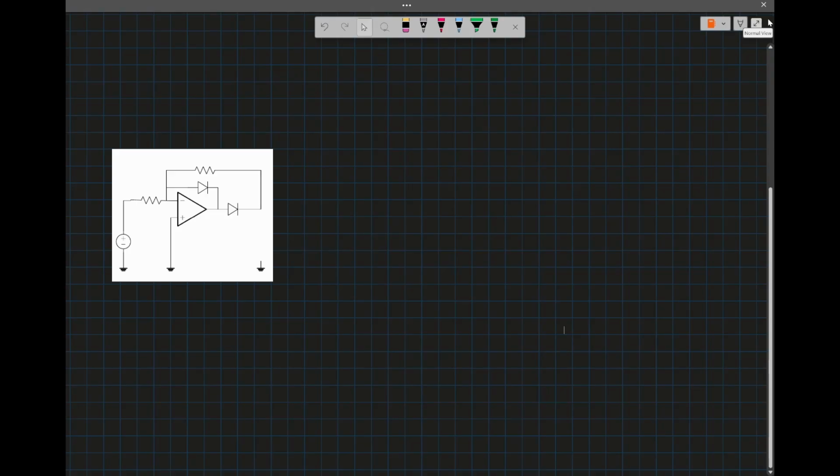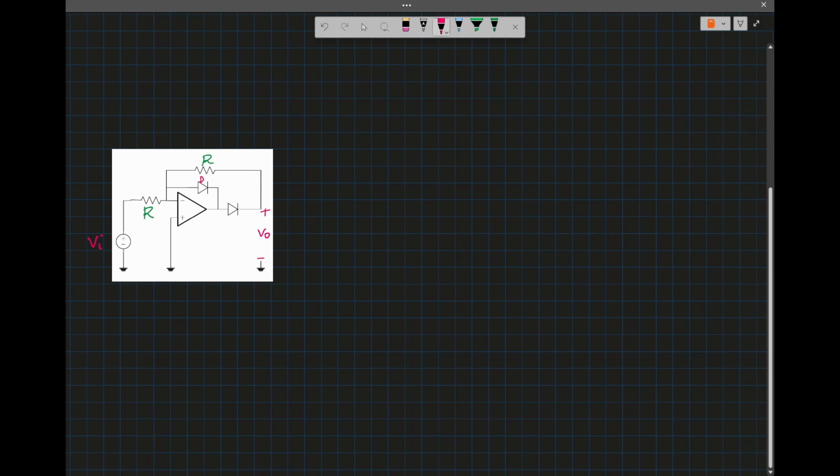So let's solve this diode network. Let's say this resistor is R, and we want to find the output voltage here, and that's the input voltage.